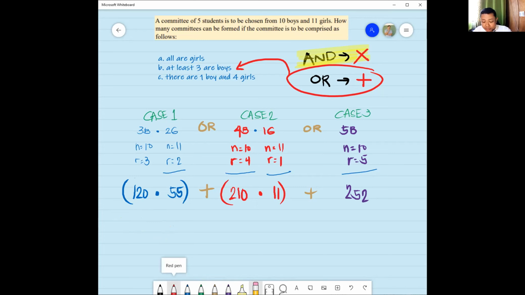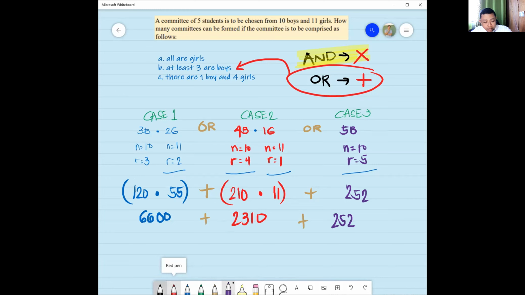120 times 55. Okay, use the calculator. That's 6,600 plus 210 times 11, 2,310, plus 252.